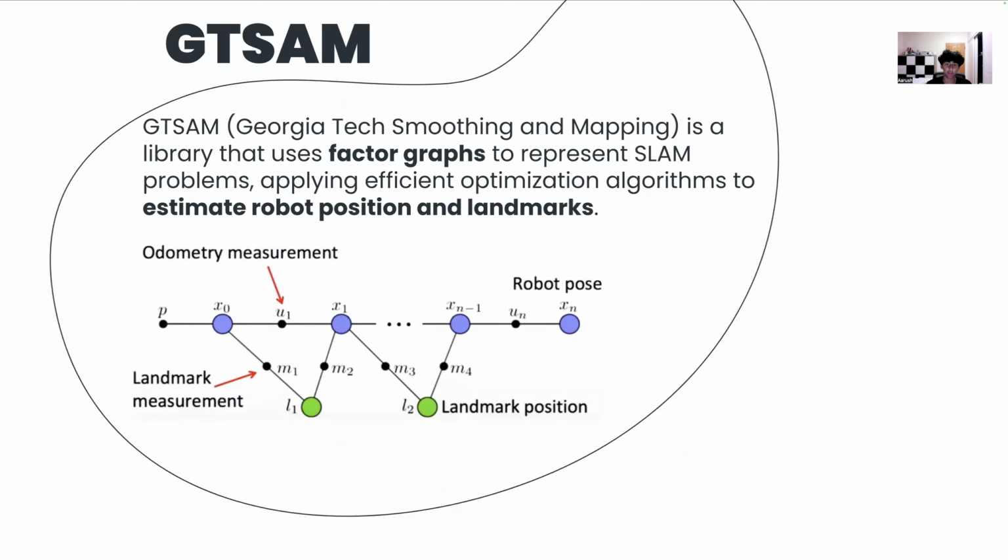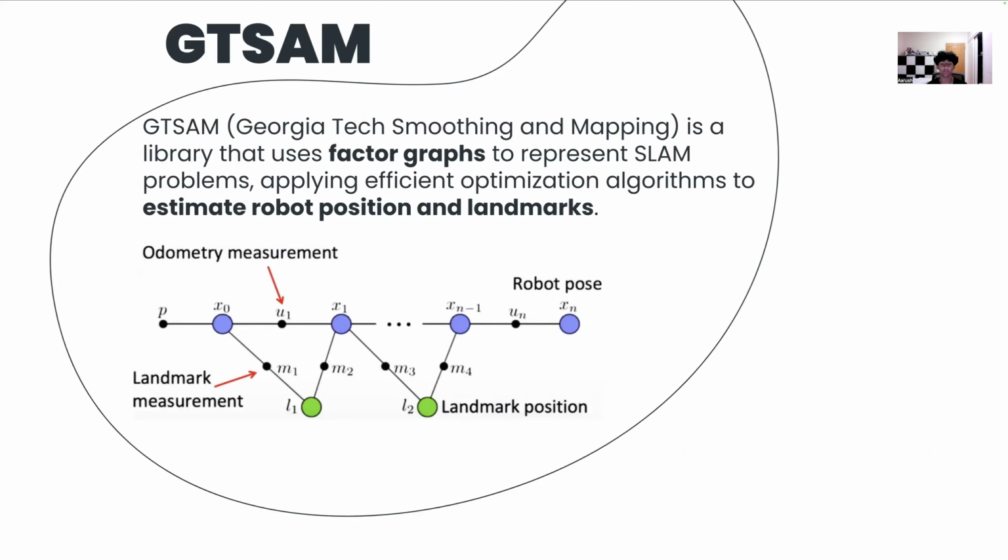Next is GTSAM. Georgia Tech Smoothing and Mapping, or GTSAM, is a library that uses factor graphs to represent SLAM problems. GTSAM applies efficient optimization algorithms to estimate a robot's position and landmarks around an unknown environment. As you can see here, this is an example of one of the factor graphs it creates. These dots, like U1, U2, all the way to UN, are odometry measurements from the sensor.